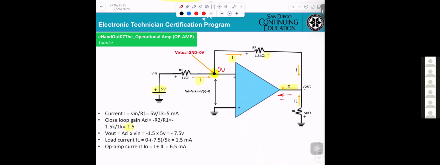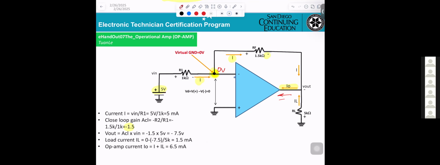Now, you apply 5 volt to the negative input. Okay? So basically, this will be an inverting amplifier.